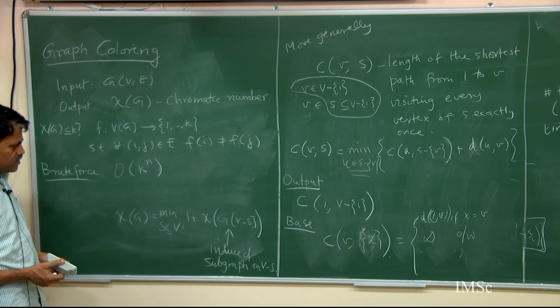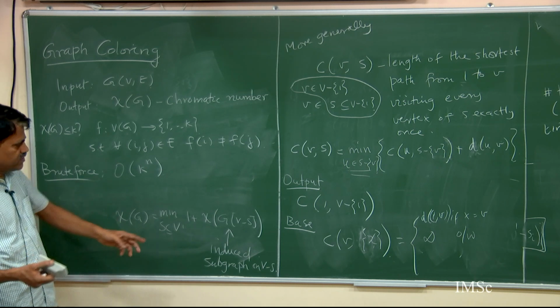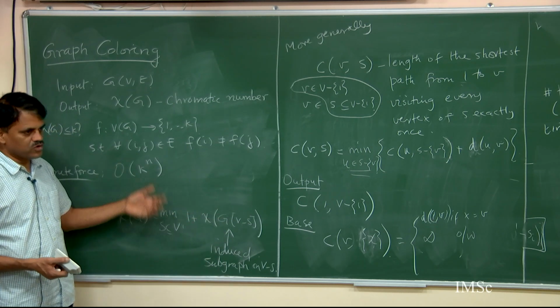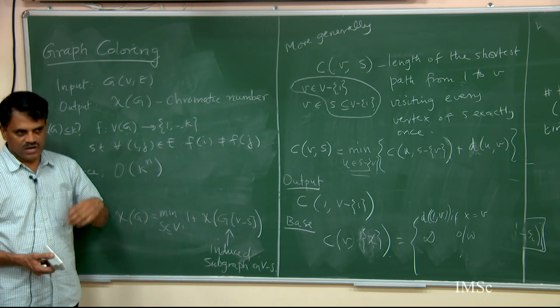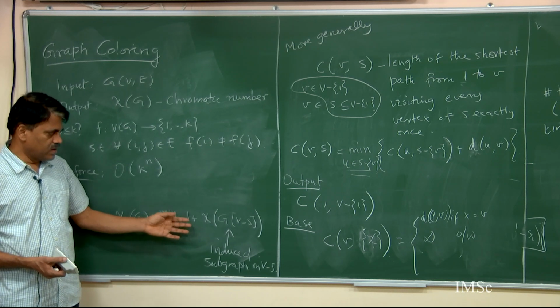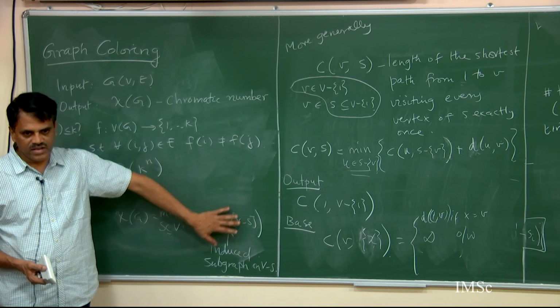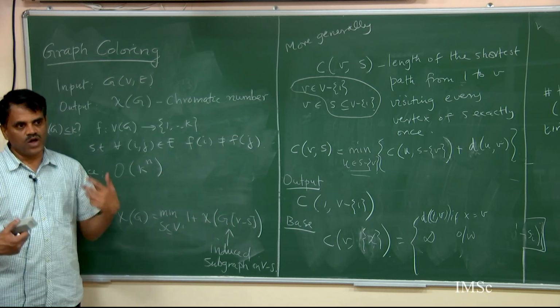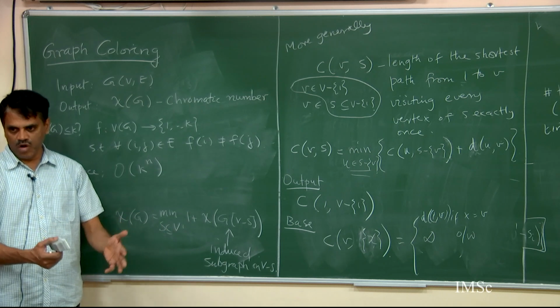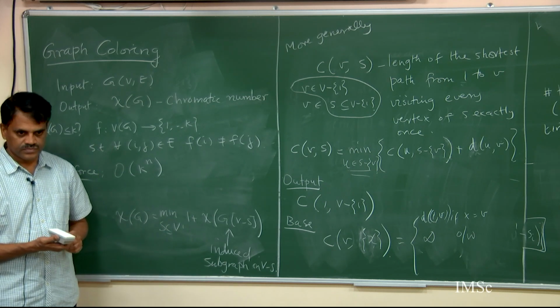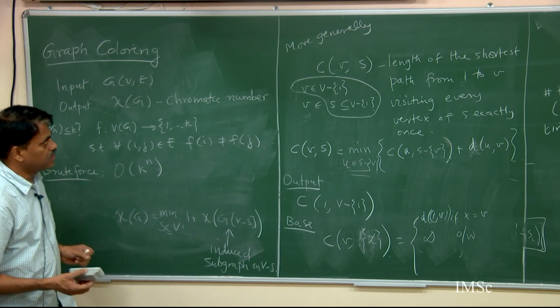So, what are the subproblems now? Induced subgraphs, because this is what I need. For independent sets, I run through all possible subsets. And once I have that, I want the optimum way of coloring the remaining subgraph. So, try all possible subgraphs, find their optimum coloring and just build it bottom up.